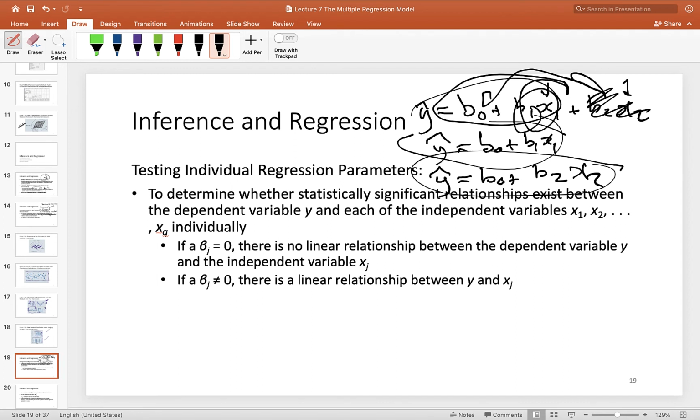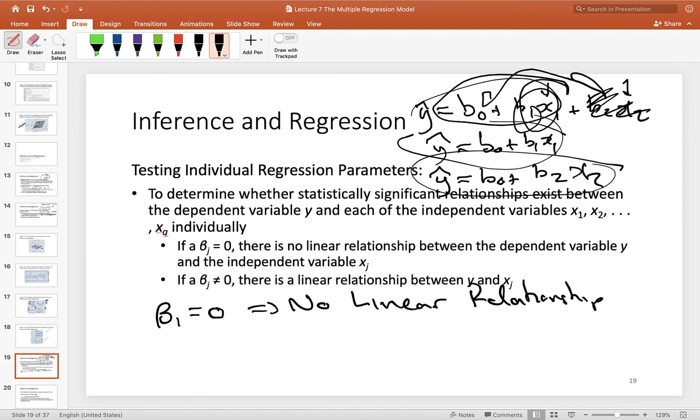Now to test this, we can use a test that we've seen before in earlier stats courses. We want to test whether the slope for coefficient 1 is equal to 0. If it is equal to 0, if there's no slope, that implies there's no linear relationship. And when does that happen?